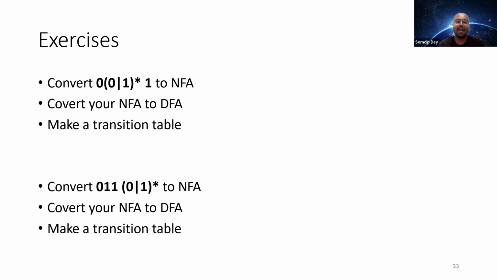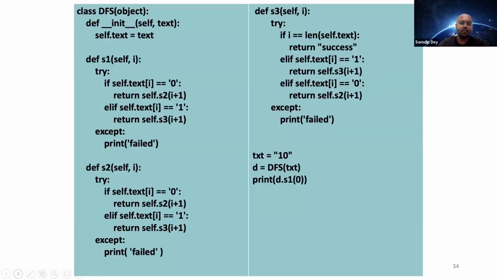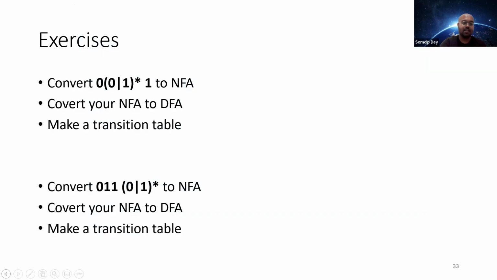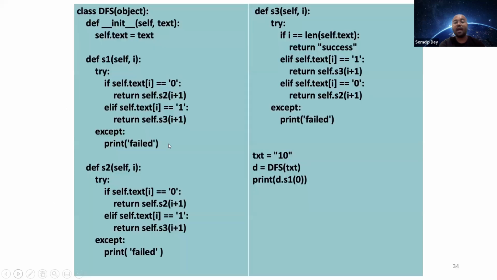After you have done this, I have also provided Python code which actually creates the NFA and DFA. So for this exercise, after you have created them on your own, you can run this Python code and try it out to see if the NFA and DFA that you have created are valid or not, or the state transition table that you created from the DFA of the example is valid or not.